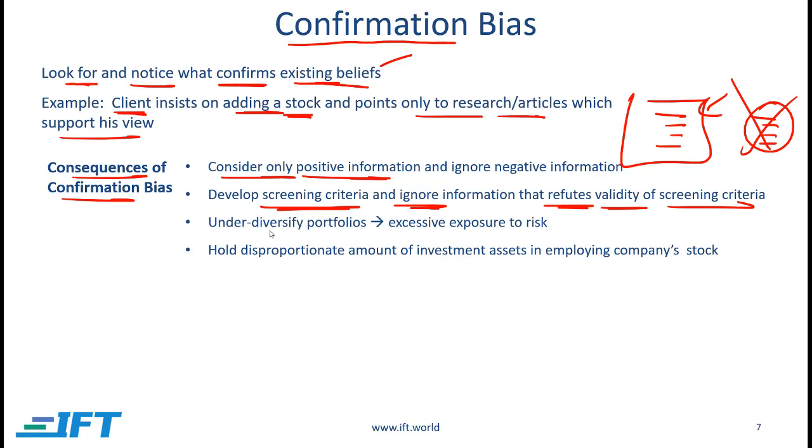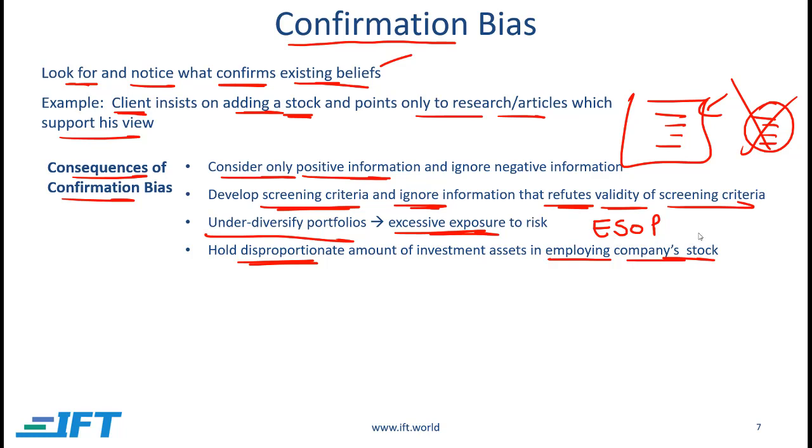Because of this bias, we might end up with an under-diversified portfolio. In other words, there is not enough diversification, so there is more risk exposure than is needed. Another scenario is where someone might hold a disproportionate amount of investment assets in employing companies' stock. So very often companies might have employee stock option plans or employee stock purchase plans.